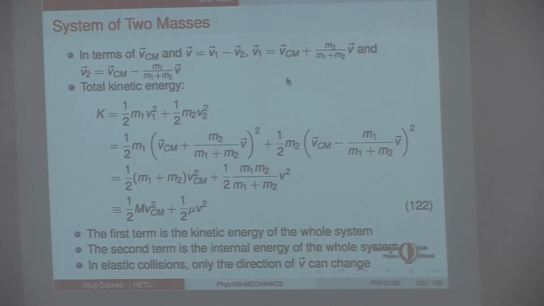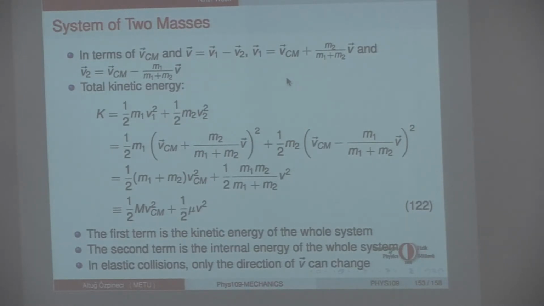Well, when we are talking about extended objects, that is what we had done. We were working with the center of mass coordinate and the relative velocity. Now, if we work with the center of mass velocity and the relative coordinate, you can solve for each one of the velocities, V1 and V2. And at the end, this is what you would obtain.